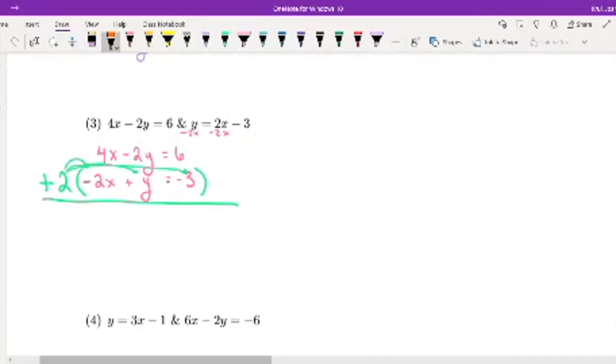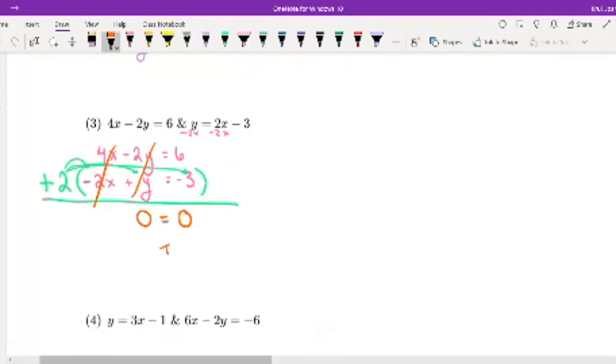4x plus 2 times negative 2x. Well, 2 times negative 2 is negative 4. 4x minus 4x cancels out. Negative 2y plus 2 times y cancels out also, so we get 0. 6 plus 2 times negative 3 would be 6 plus negative 6, which is 0 again.